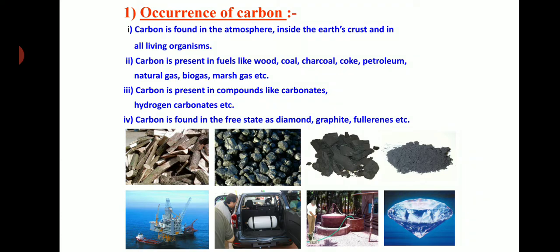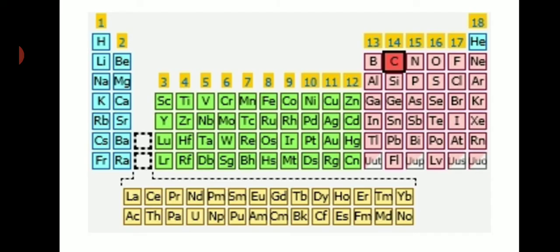Carbon is present in compounds like carbonates, hydrogen carbonates, etc. And carbon is found in the free state as diamond, graphite, fullerene. All these are allotropes of carbon. So we can say that carbon is present everywhere on the earth.